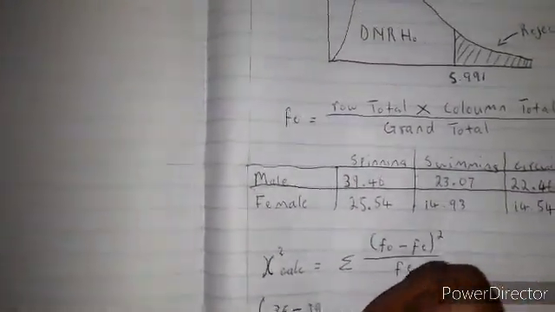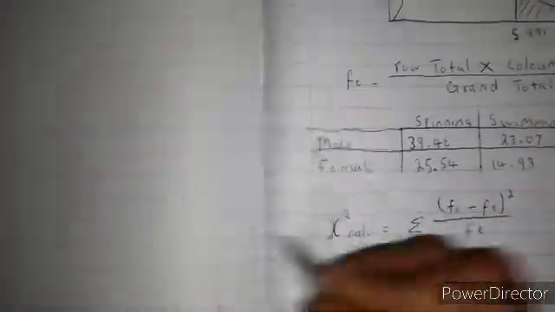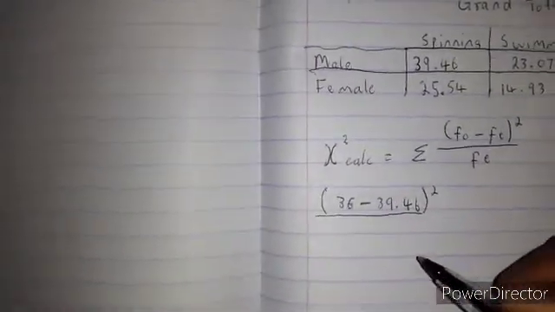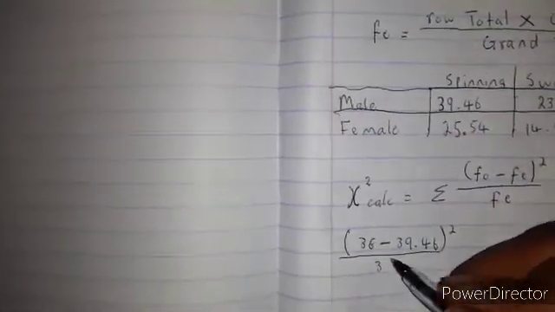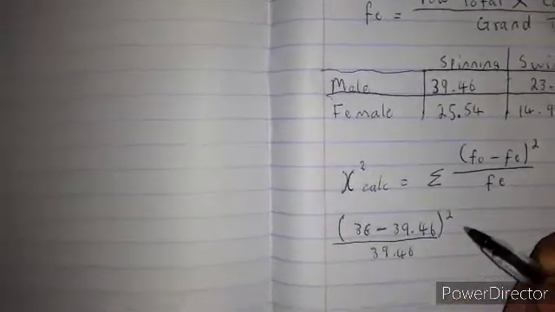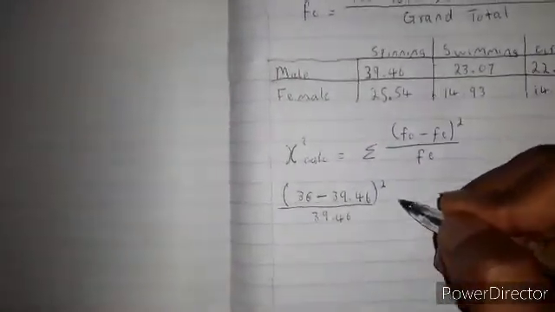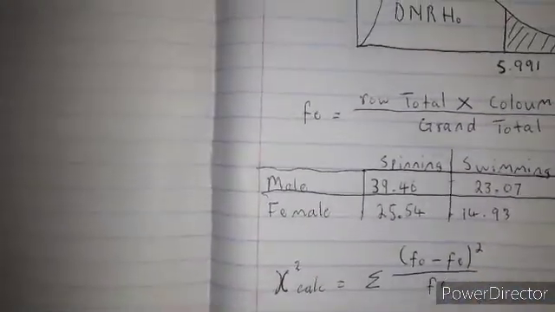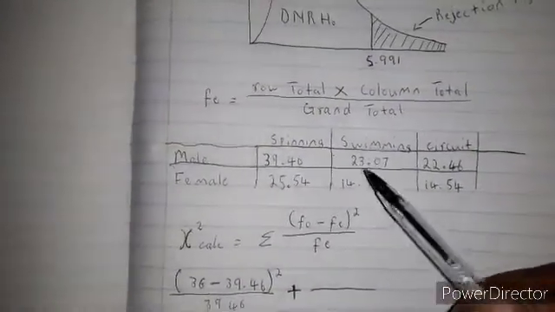39,46, all squared, divided by the expected frequency, which is 39,46. We want the sum, so we are going to add the next column, which is swimming.